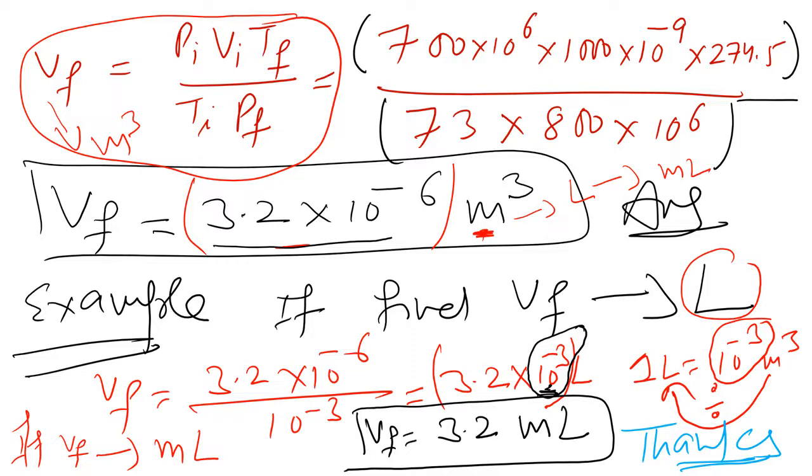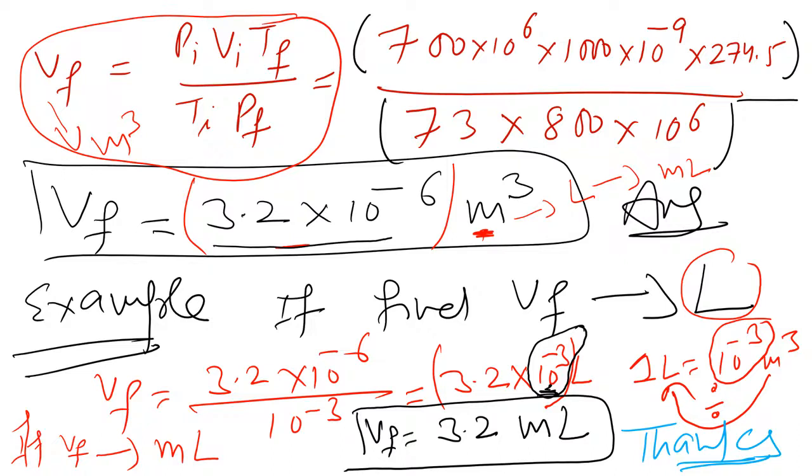The volume in meter cube is 3.2 into 10 to the power minus 6, and it will be divided by 10 to the power minus 3. When you solve this, it goes upside and takes plus 3, so it will be 3.2 into 10 to the power minus 3 liter.